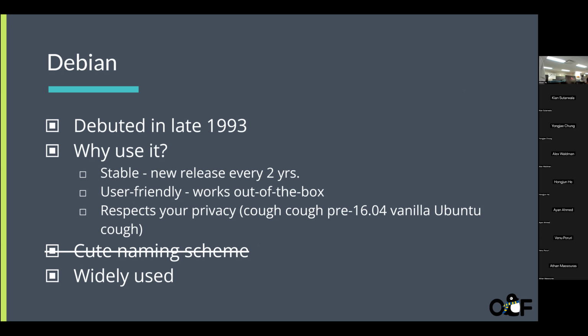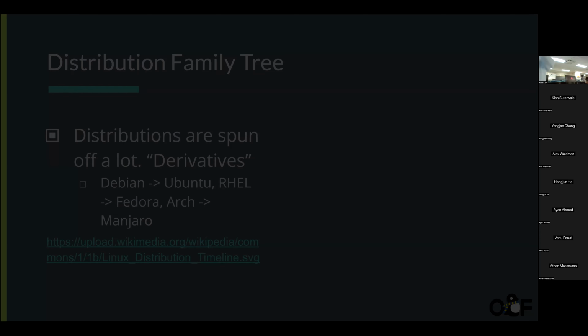The naming scheme is also pretty cute. The current version is called Bookworm. Beforehand, it was Buster or something, and then before that, crap, I don't remember. Oh no, Bookworm, Bullseye, Buster. Yeah. And it's also widely used, as you can very easily see.